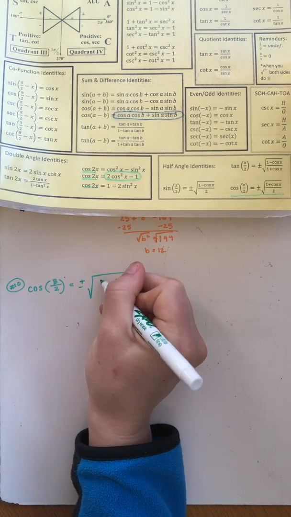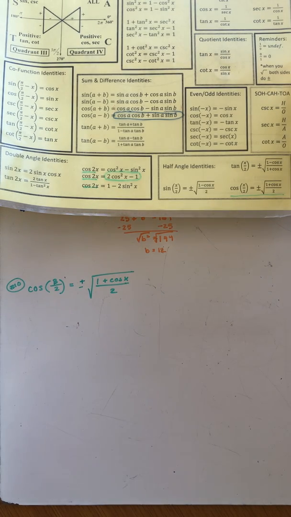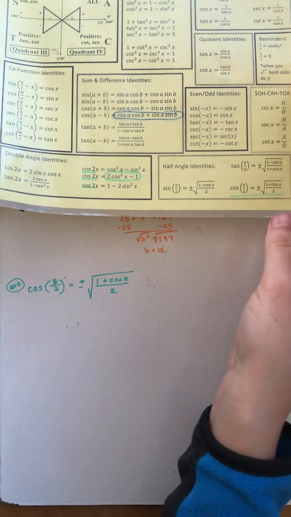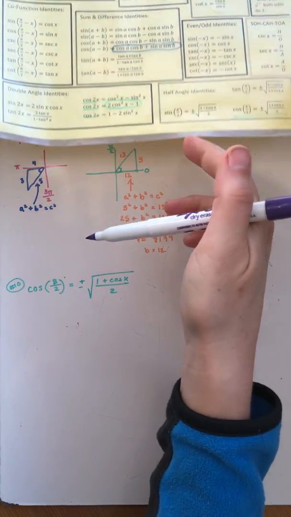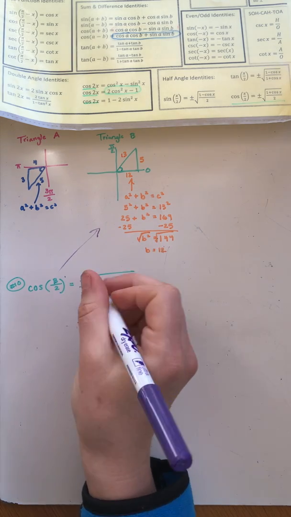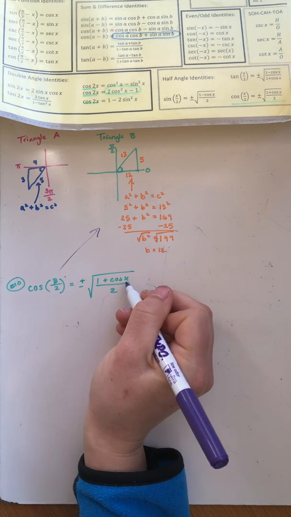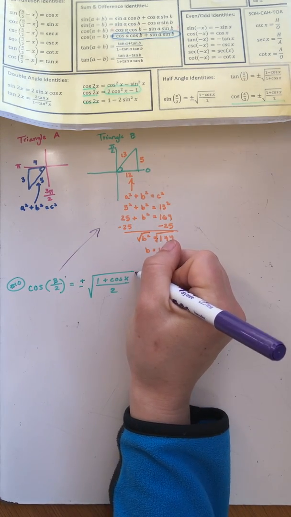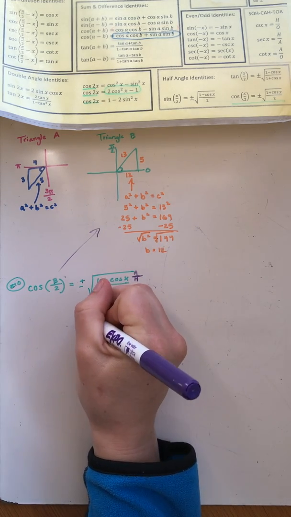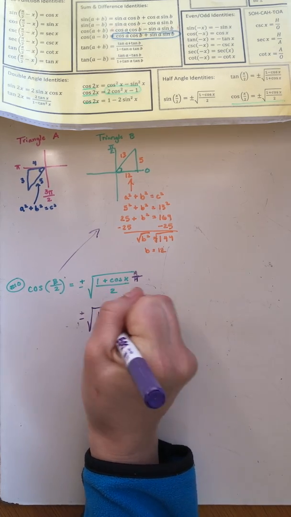Positive or negative square root of 1 plus cosine x divided by 2. Now I'm going to be using triangle B when I do this problem. We're only referencing this one. So what is the cosine of x? So cosine is a over h. So I have 12 over 13.